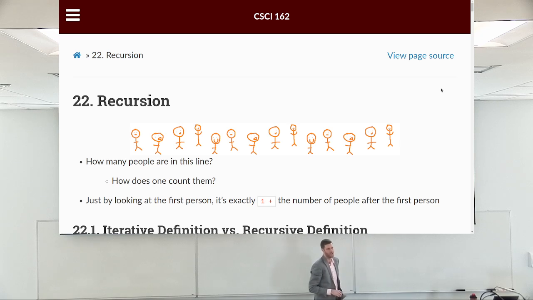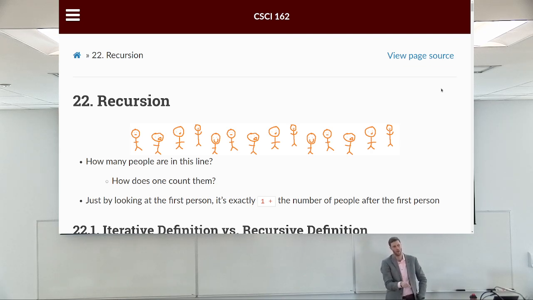Okay, cool. So I'm going to ask you, how many people, I'm pointing at you, so you better pay attention. I'm going to ask you, how many people are in that row of people? Okay? And here's what you're going to say. You're going to say it's 1 plus the number of people after you. But you don't know how many people are after you.